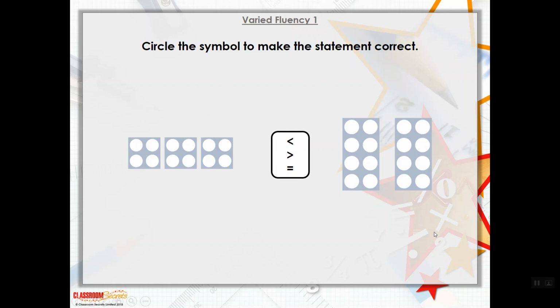Pause the video and count the spots if you need to work out the answer. Okay, this is 4 3 times, so that's 12. And this is 8 2 times, so it's 16. So this one is smaller than this amount.